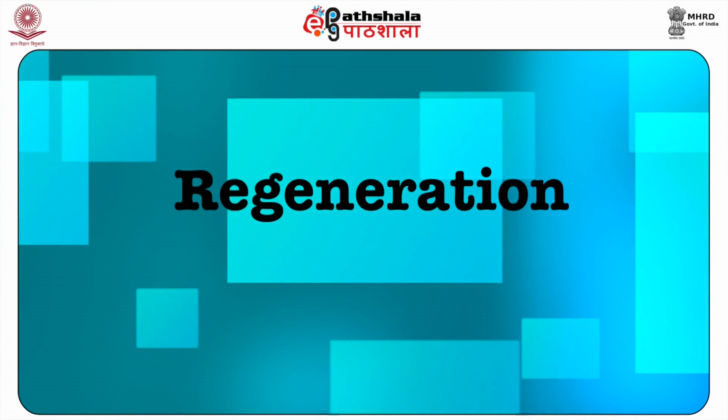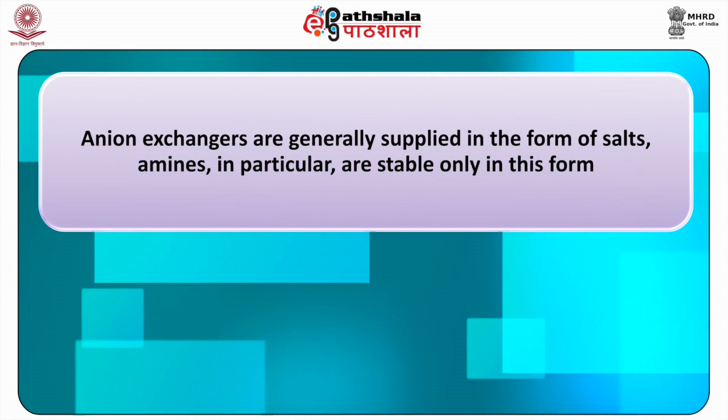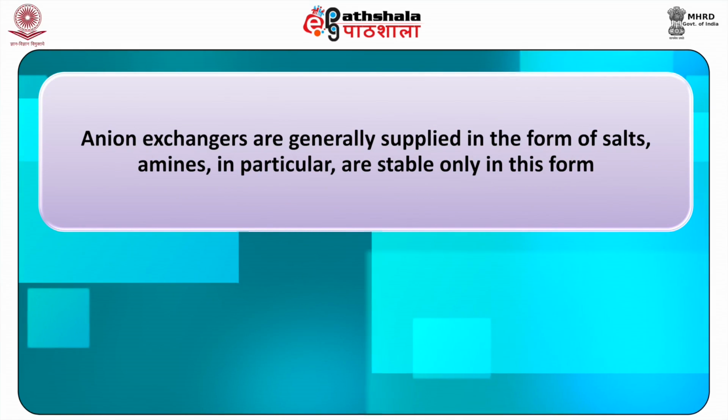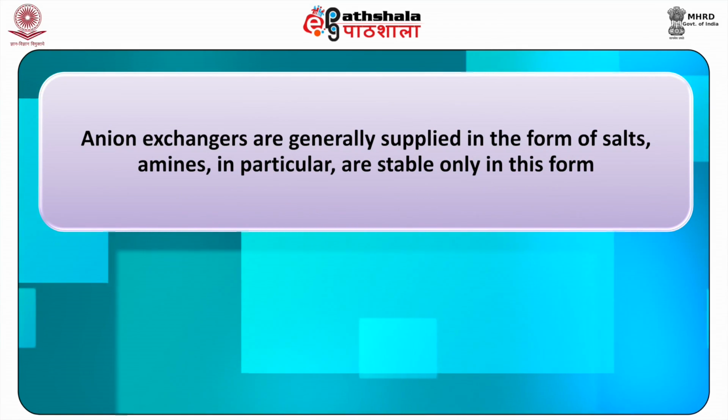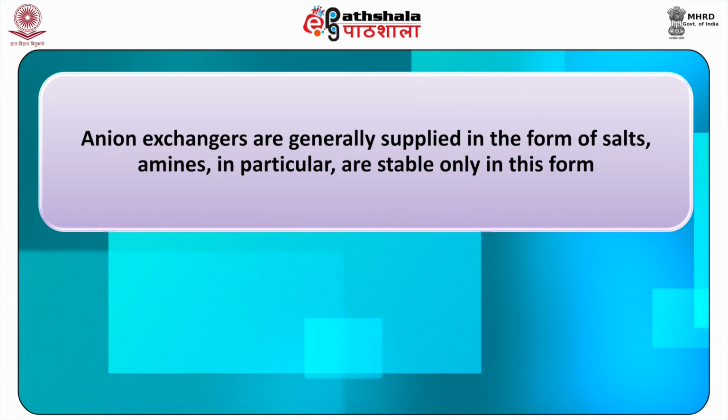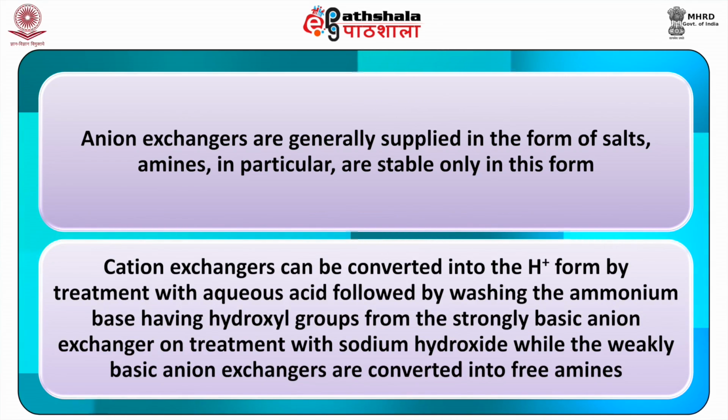Regeneration. Anion exchangers are generally supplied in the form of salts. Amines in particular are stable only in this form. On the other hand, cation exchangers can be converted into the H+ form by treatment with aqueous acid followed by washing.